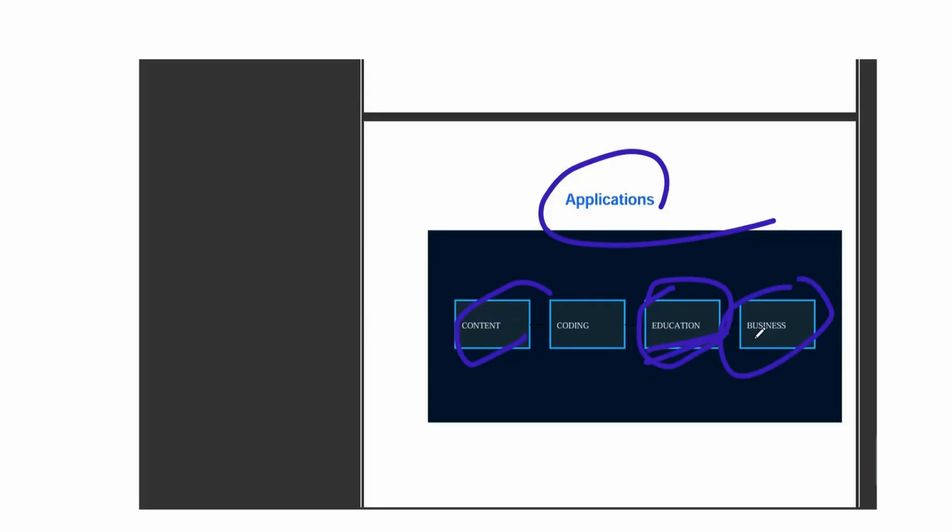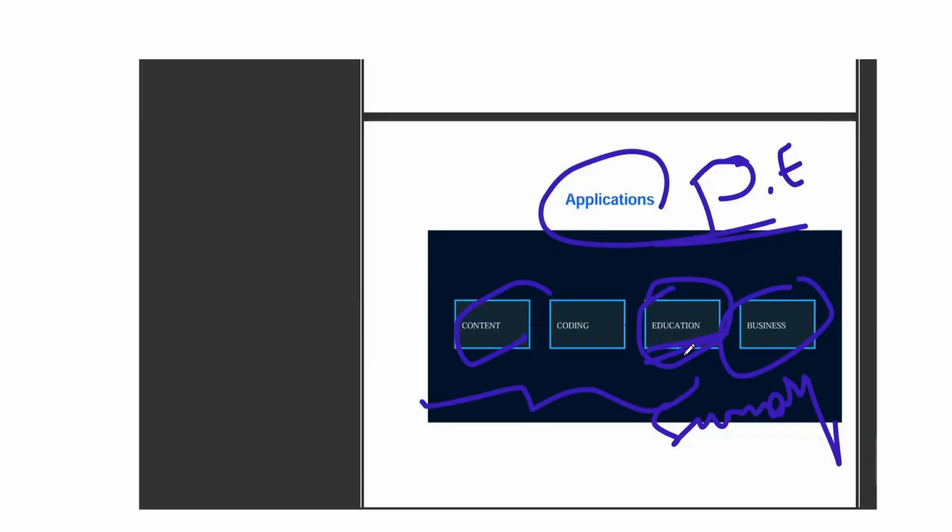Okay, business. Businessmen use it for emails, reports, advertisements, customer support, everything. Researchers use it to summarize large amounts of information. So prompt engineering is useful almost everywhere. Okay.